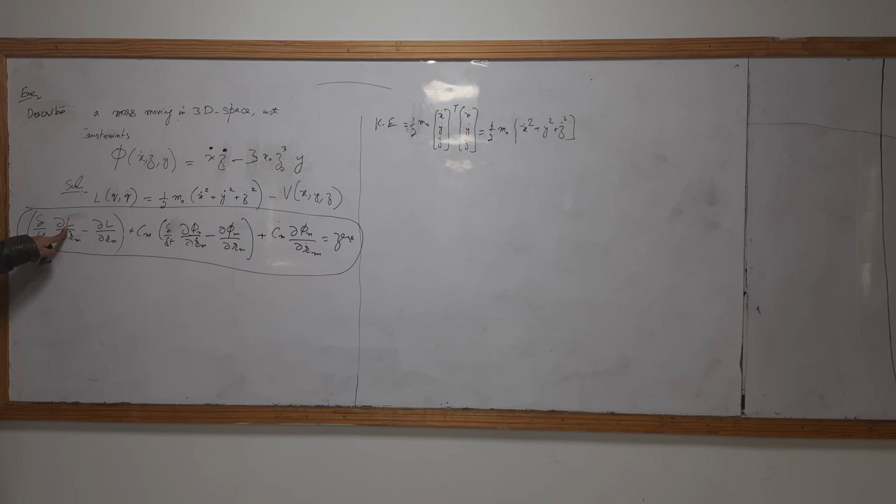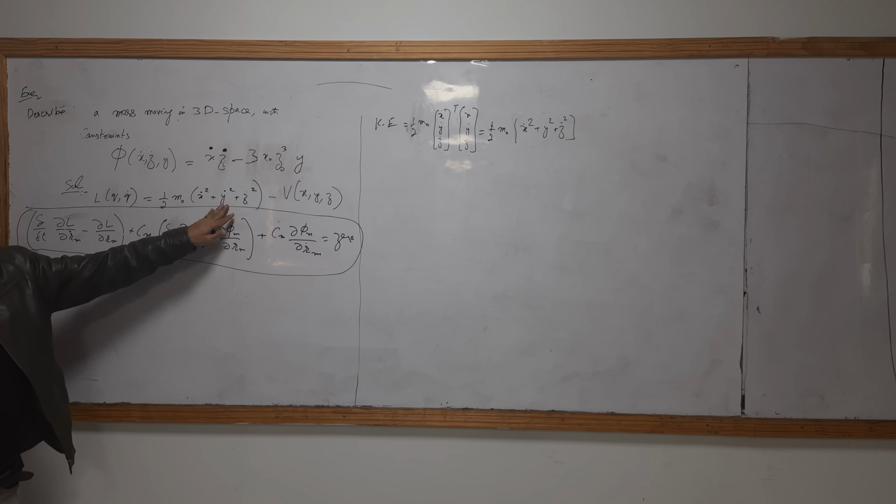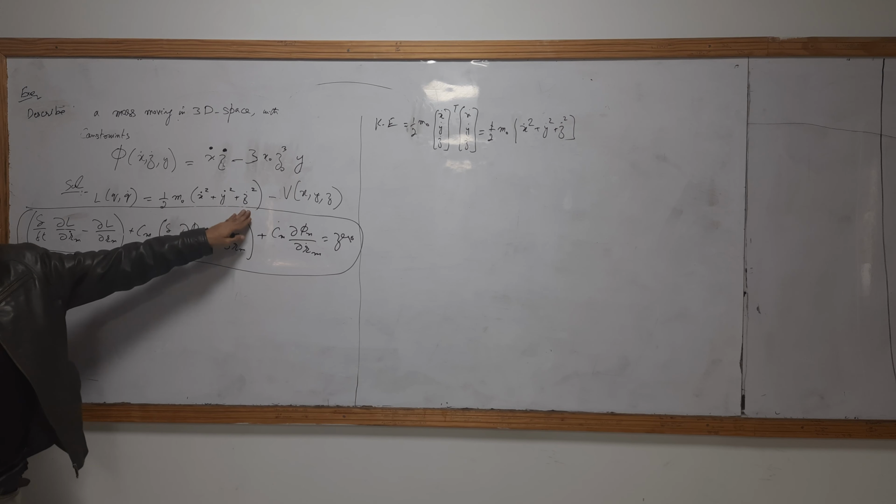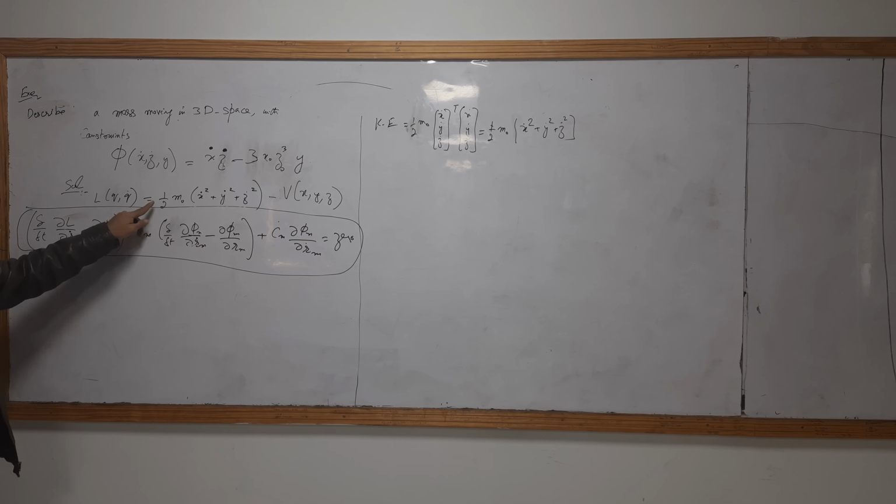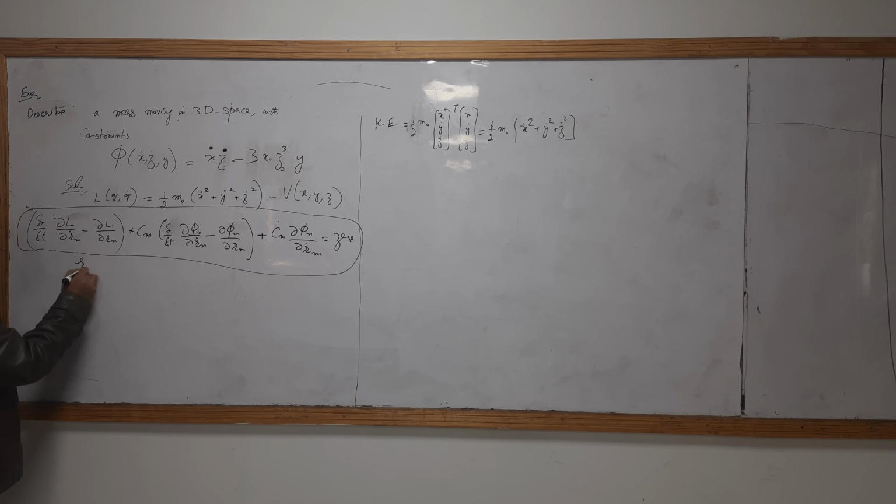L is a function of x dot, y dot, z dot. So firstly, when we take the derivative with respect to Rm dot, what is the Rm?